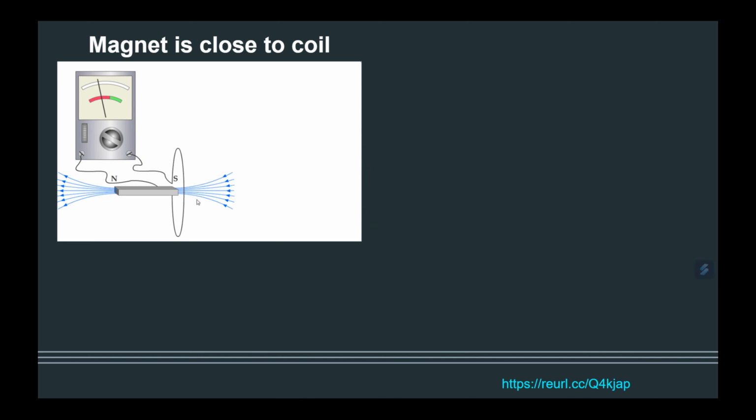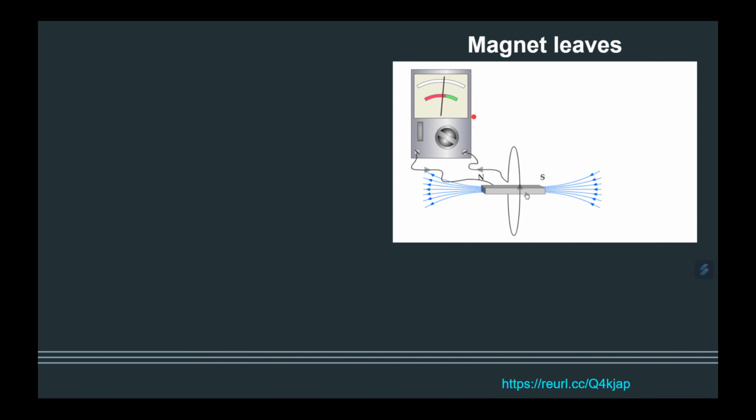So here is some animation. When the magnet is close to the coil on the left, we can see obviously there is a current. The other case is when the magnet leaves. When it leaves, it also shows the direction of the current.